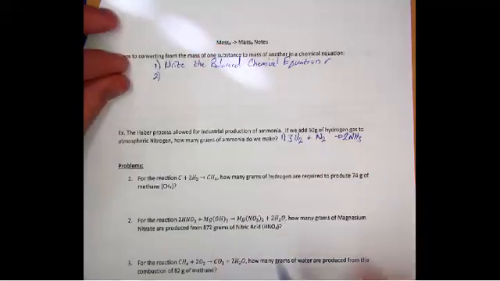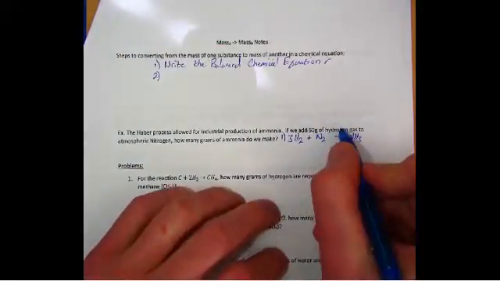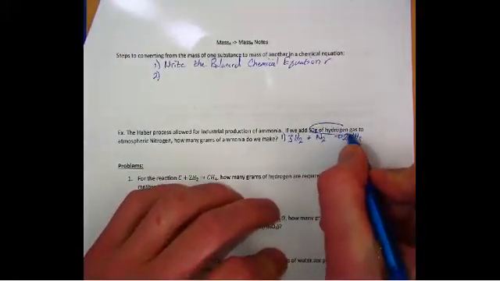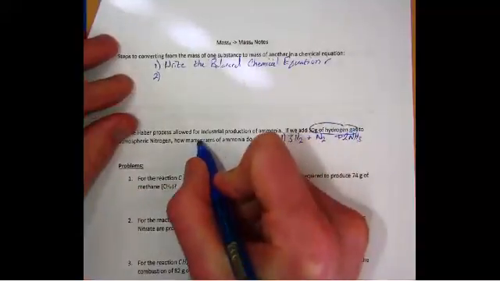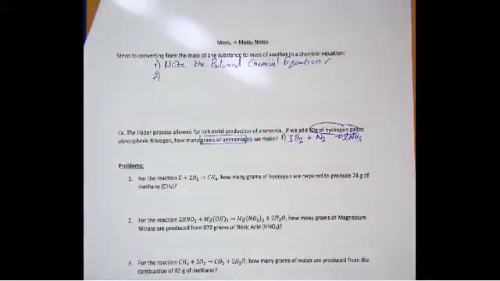Check. Step 2. Now, once we've got the balanced chemical equation, in order to convert from one substance to another, we must first convert to moles. Once we convert to moles, then we're able to cross the mole bridge. The mole bridge allows us to convert from one element to another, or one compound to another in a chemical equation.